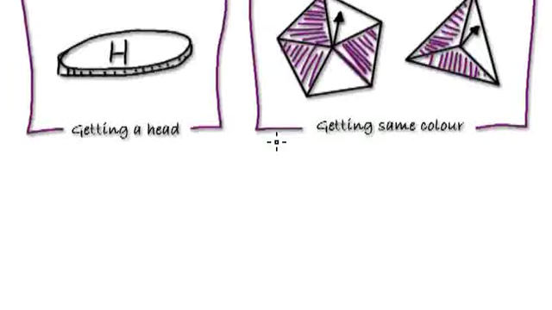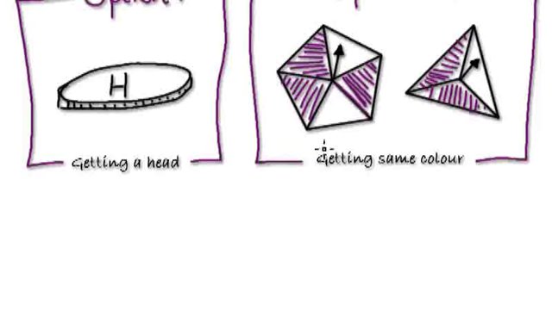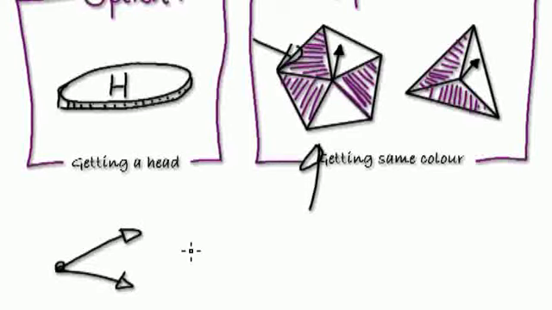So yes, you could use the table diagram, but for the time being, learn to use the tree diagram. You start with this spinner here, and in effect you are drawing a map of all the things that could happen. So when you spin this, you could get a purple or you could get a white.